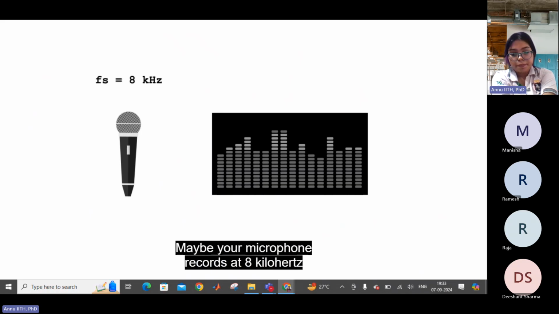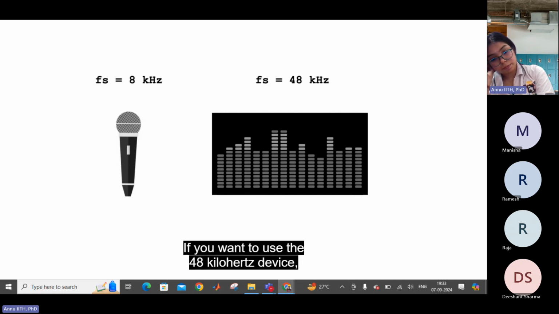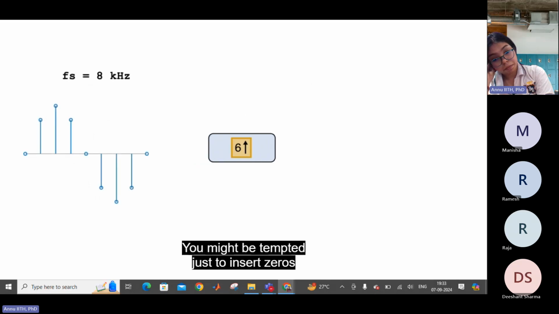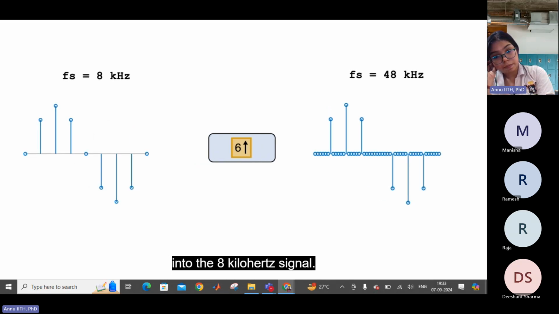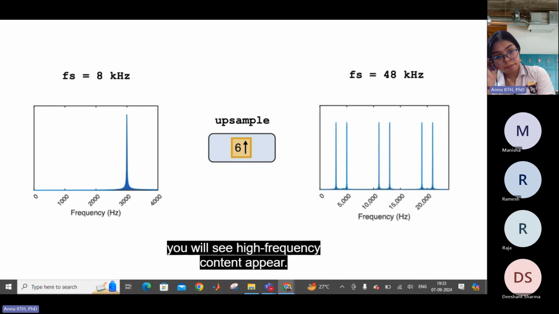Maybe your microphone records at 8 kilohertz, but your audio equipment has filters designed at 48 kilohertz. If you want to use the 48 kilohertz device, you need to change the sample rate of your recording first. You might be tempted just to insert zeros into the 8 kilohertz signal. This is called upsampling. When you add zeros to your 8 kilohertz recording, you will see high frequency content appear.